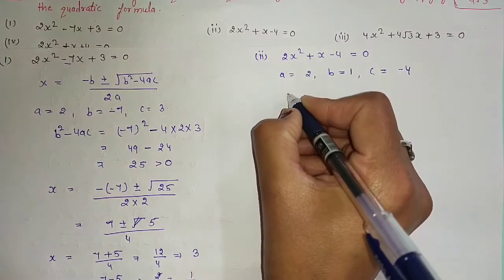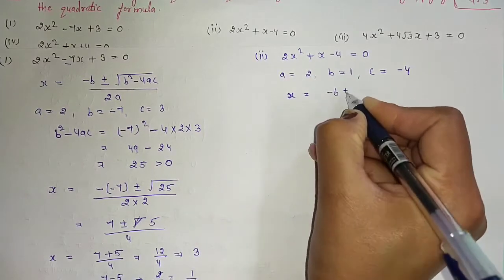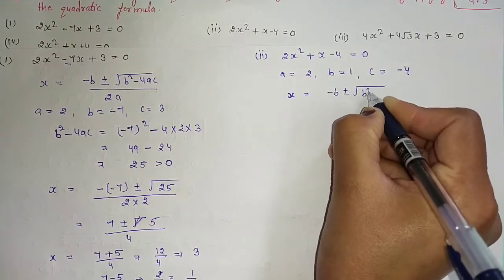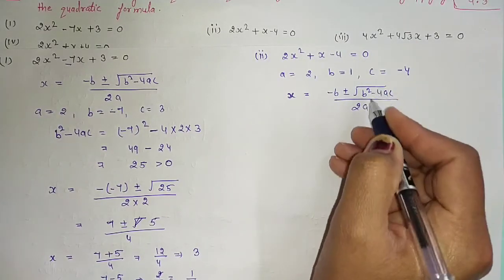And we know that the quadratic formula is x equal to minus b plus minus root of b square minus 4ac upon 2a.